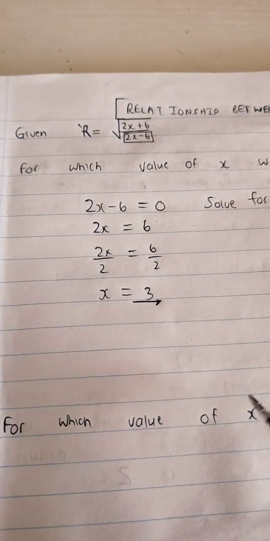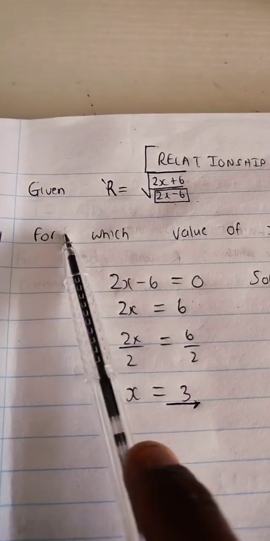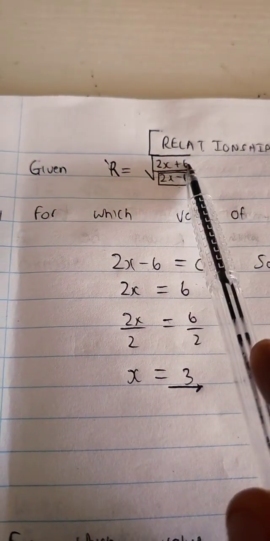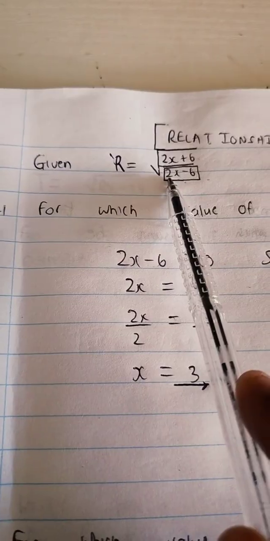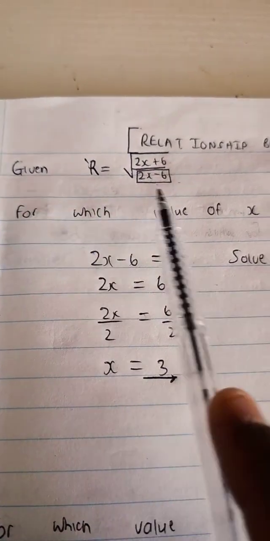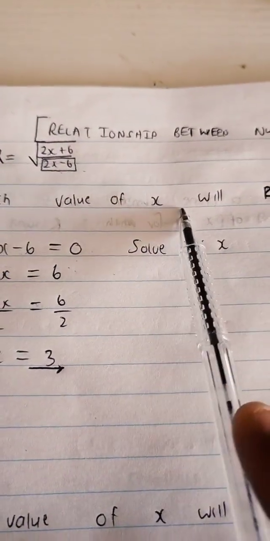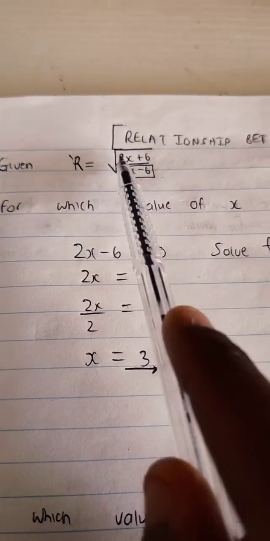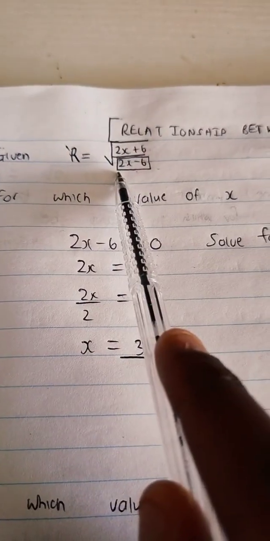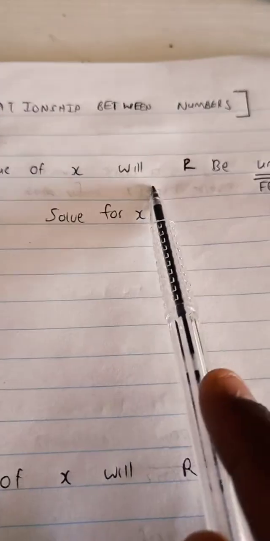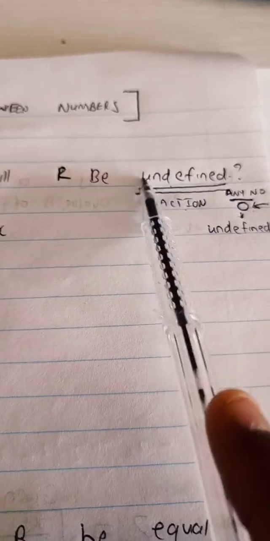So let's go back to the question. This question says, given r is equal to the square root of (2x plus 6) over (2x minus 6), for which value of x will r be undefined?